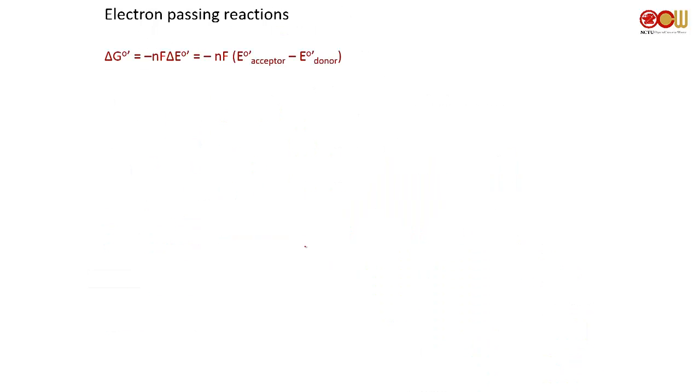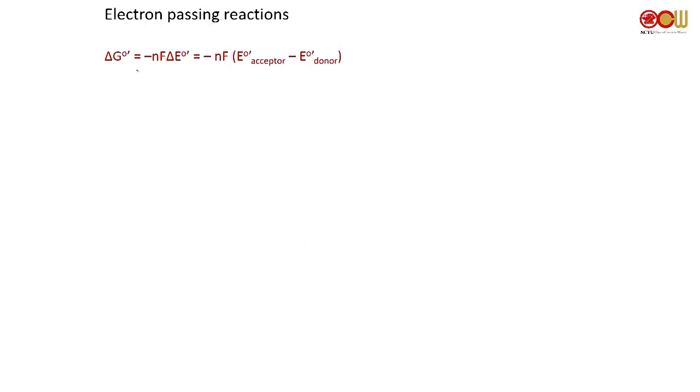Since we're talking about electron transferring reactions, we also need to look at their energy change. How do we assess the energy change of electron passing reactions? In general, the standard delta G is equal to minus nF times delta E, where delta E is the standard reduction potential of the acceptor minus the standard reduction potential of the donor.